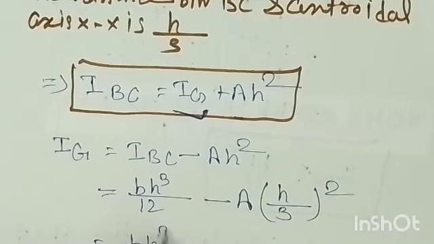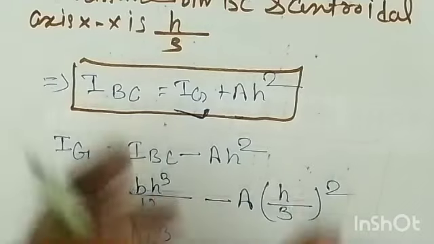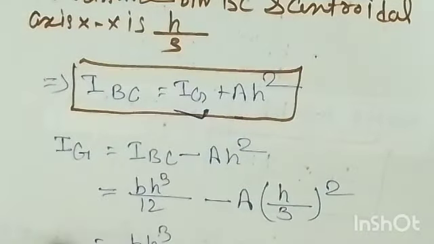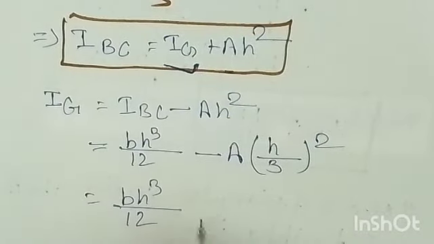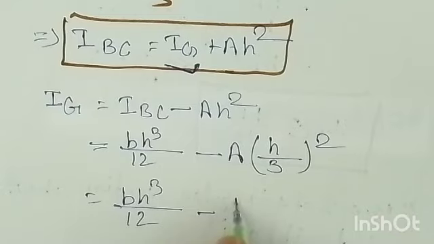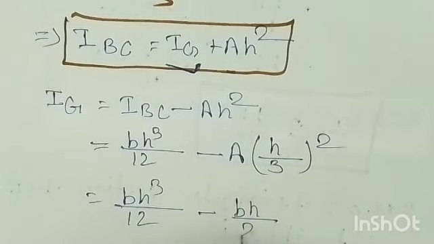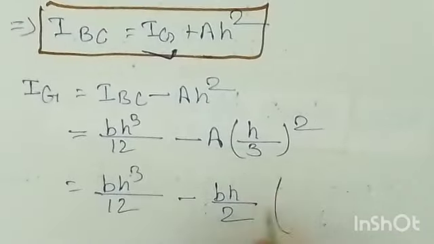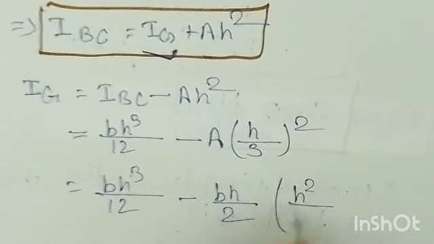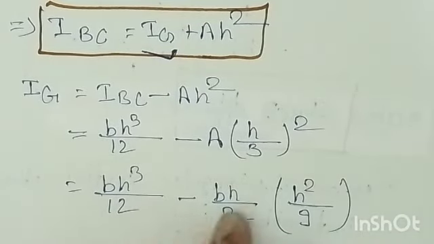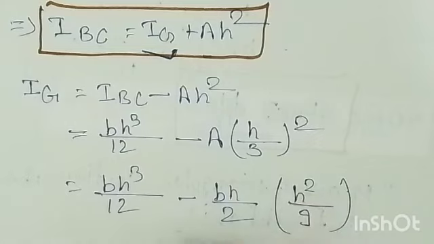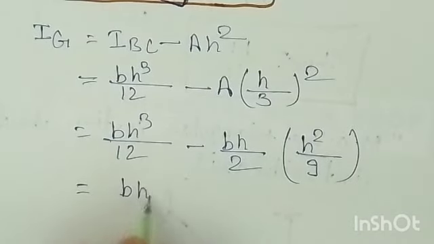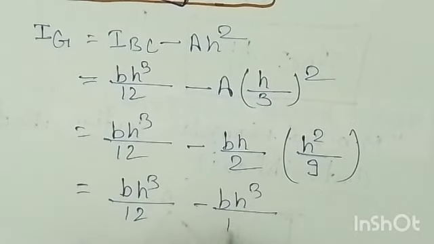So this is b h cube by 12, and the area of the triangle is half into base into height, so minus b h by 2, and h by 3 whole square is h square by 9. Simplify, b h cube by 18. So this will be b h cube by 12 minus b h cube by 18.